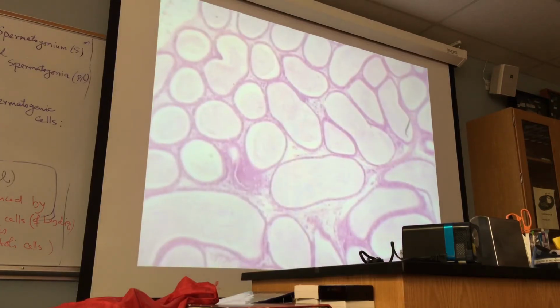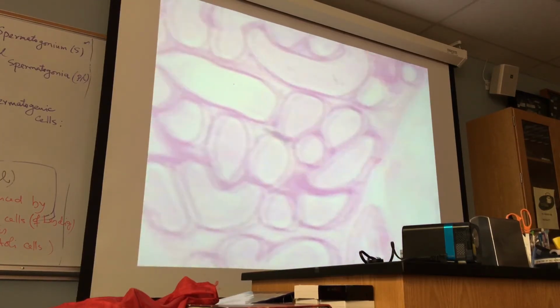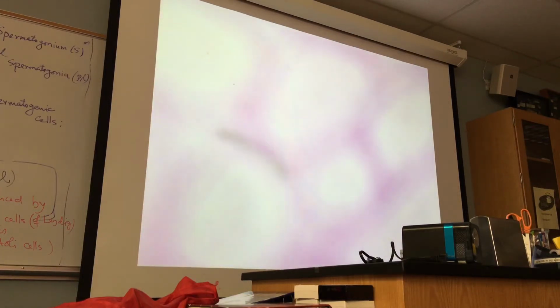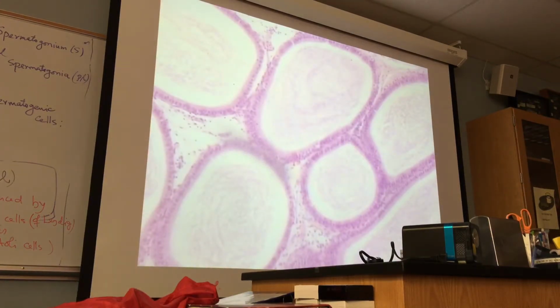Now, let us look under higher magnification, you will see some features of epididymis. The cells are columnar. It could be simple columnar epithelium or pseudostratified columnar epithelium.